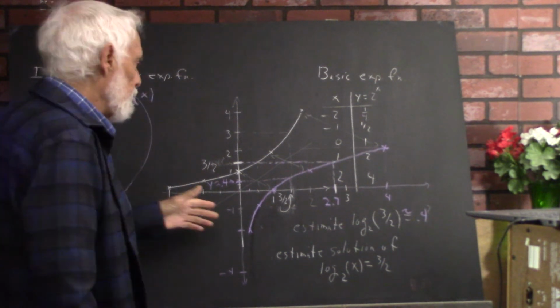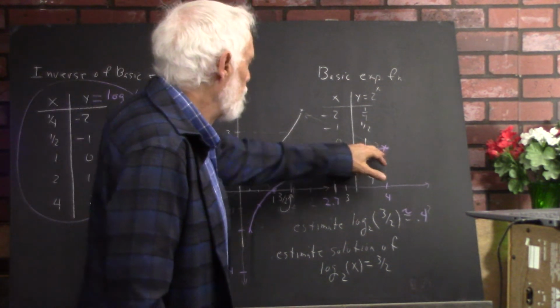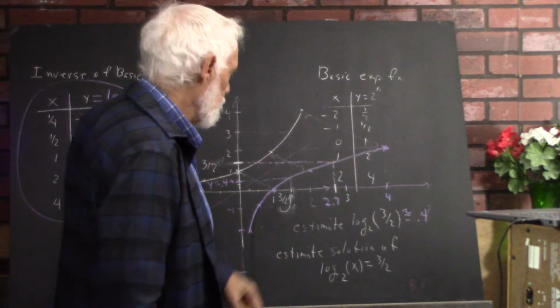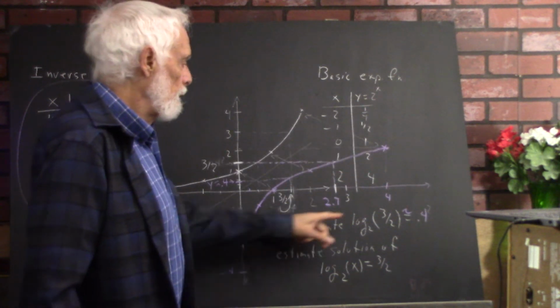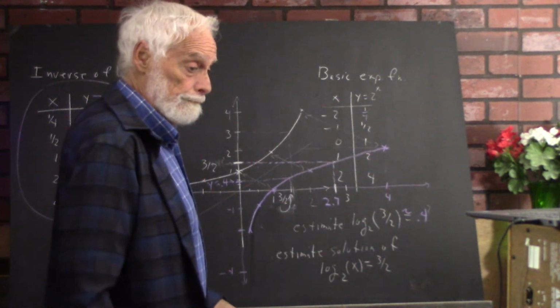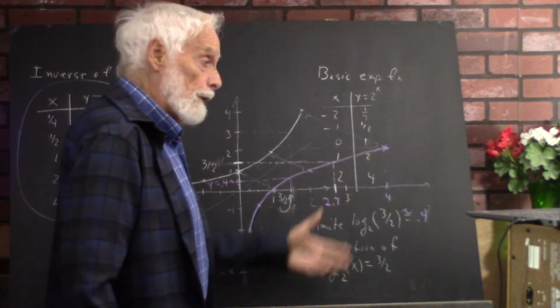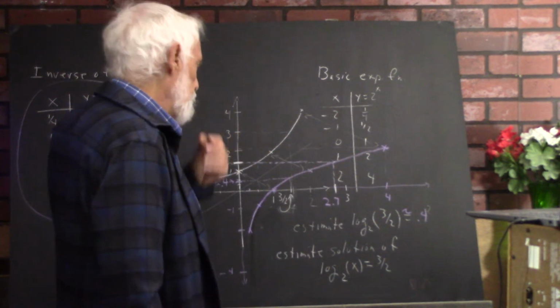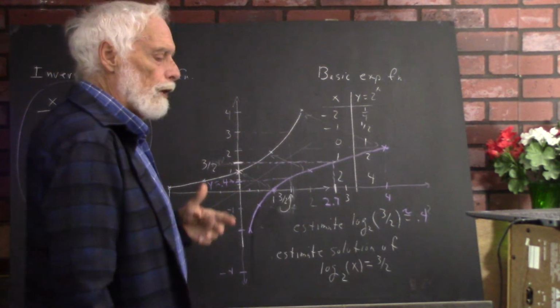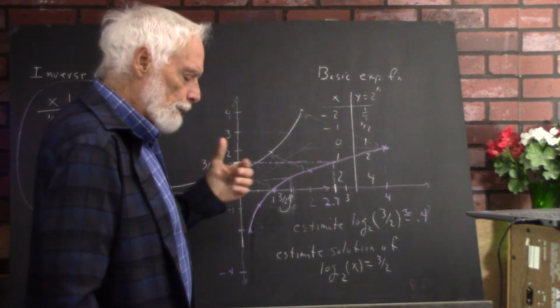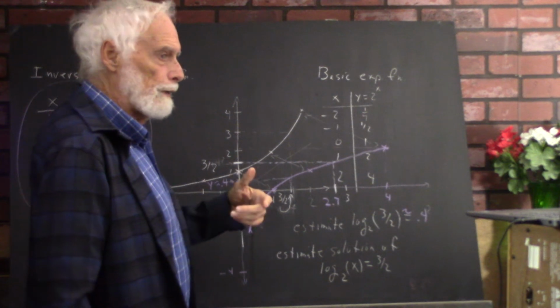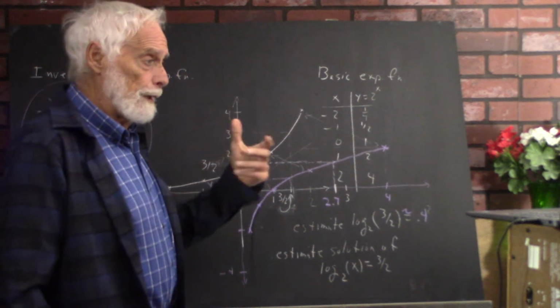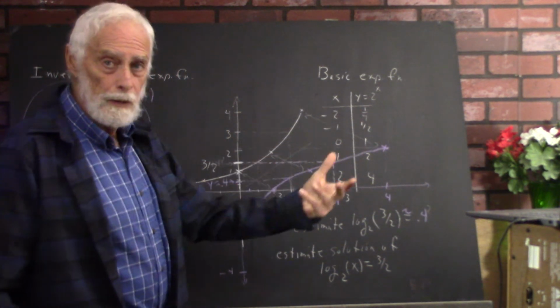Okay, so here we have the points of our inverse function. Here we have the curve, and you're asked to estimate log base 2 of 3/2. Okay, well, people made their estimates. I got an estimate of 0.5. Somebody else gave me log base 2 of 3 minus 1, indicating clearly that that person already knows quite a bit about log functions.